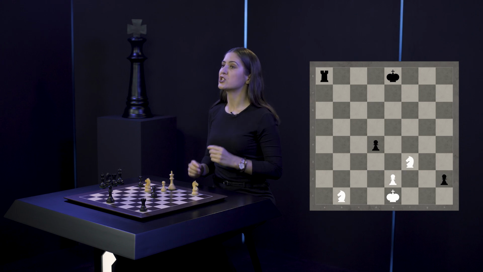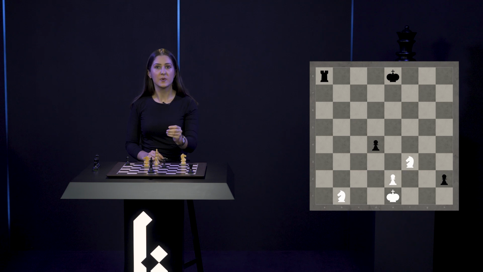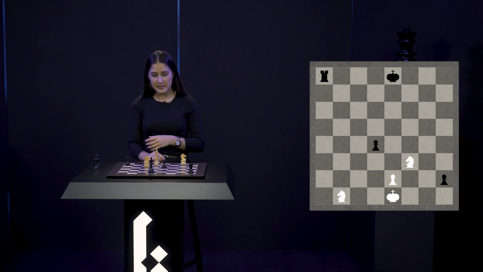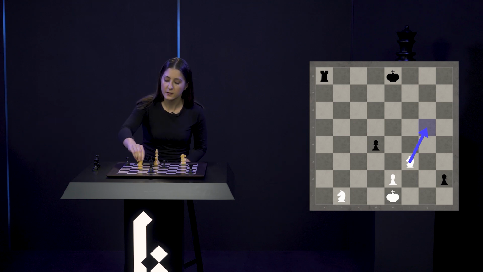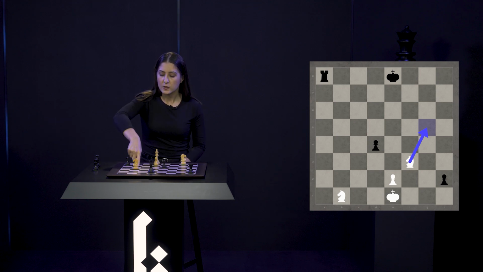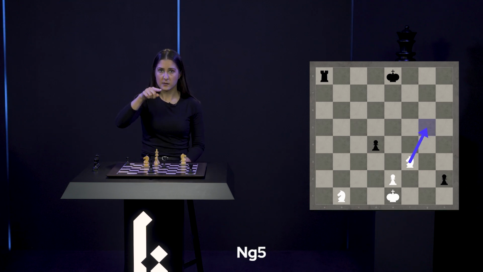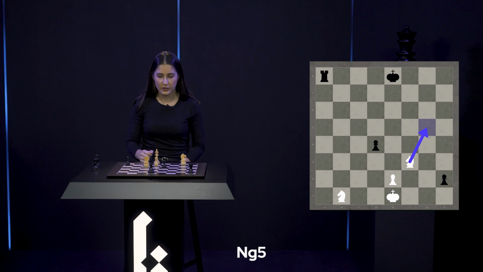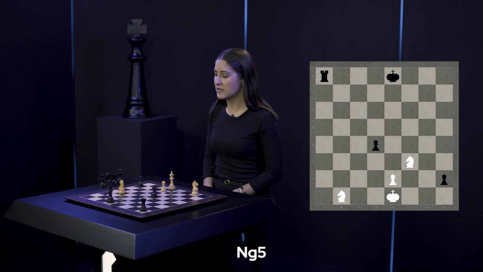And then you need to add the name of the square where this piece is moving. For example, if this knight is moving to this square, named G5, you write N G5. The knight is moving to G5.